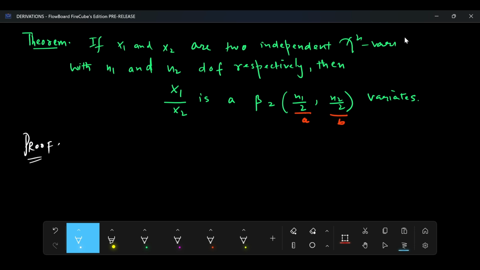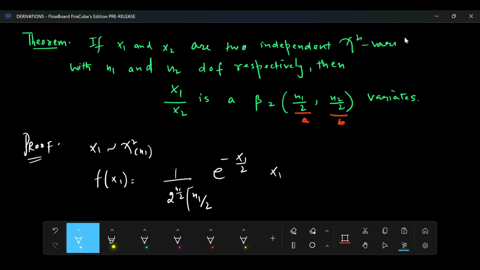See, x1 follows chi-square with n1 degrees of freedom. So f of x1 will be 1 upon 2 to the power n1 divided by 2 gamma n1 divided by 2, e raised to the power minus x1 divided by 2, x1 to the power n1 divided by 2 minus 1, where x1 is greater than 0, less than infinity.